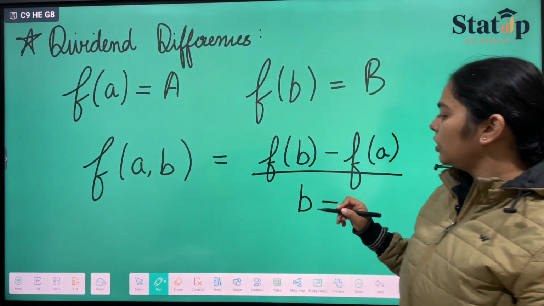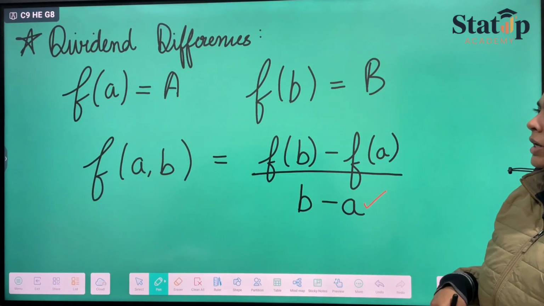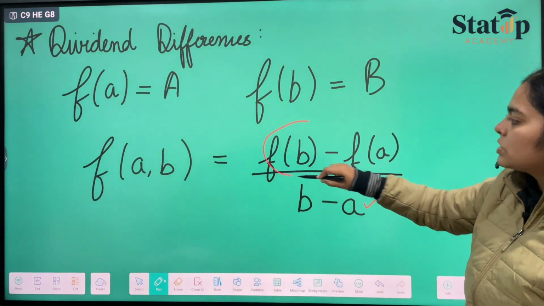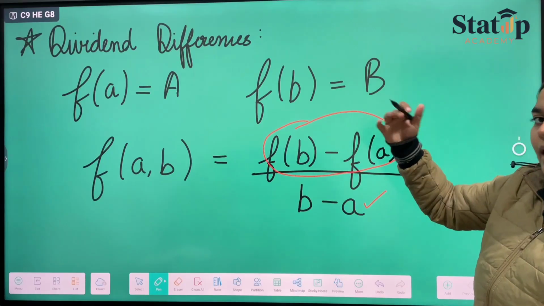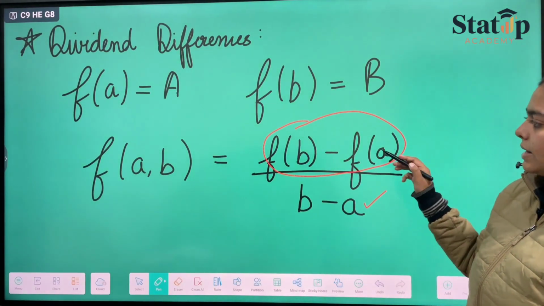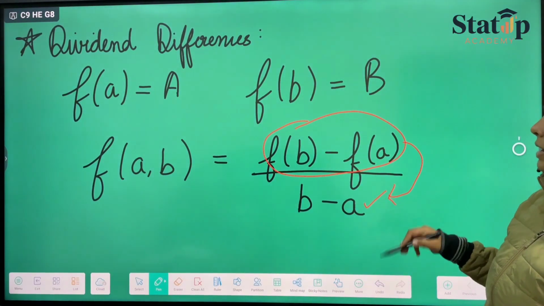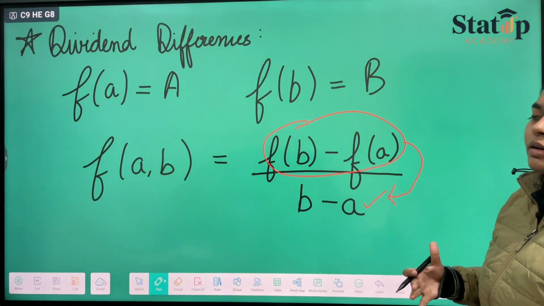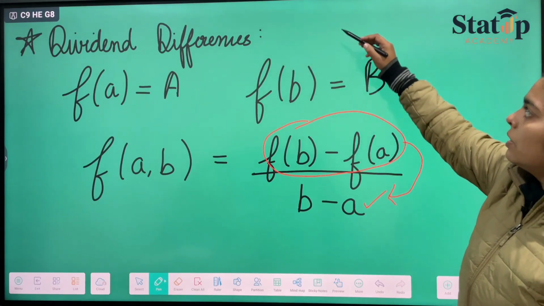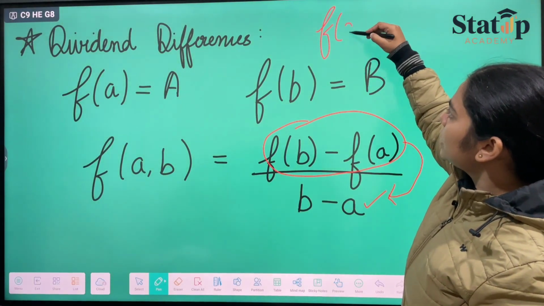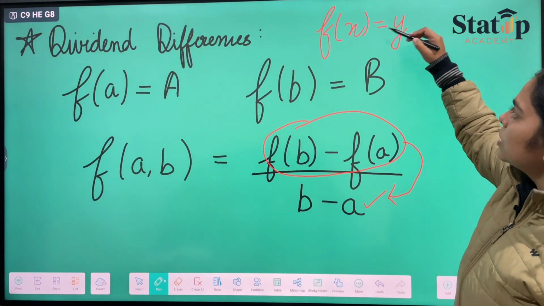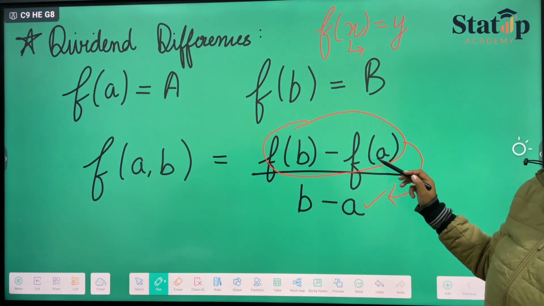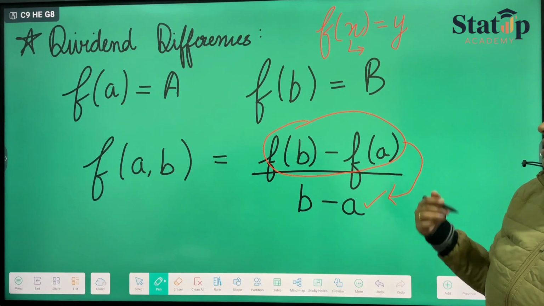Here we are dividing the difference. First we are calculating the difference, which is f(b) minus f(a), second term minus the first term, and then dividing this by the difference of the original values, the values that we take for x. We take these values as x, right? f(x) equals y. So we are dividing by the differences of the original values, and hence the name divided differences.